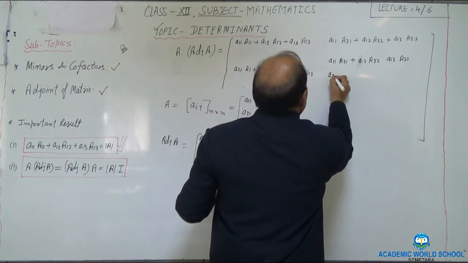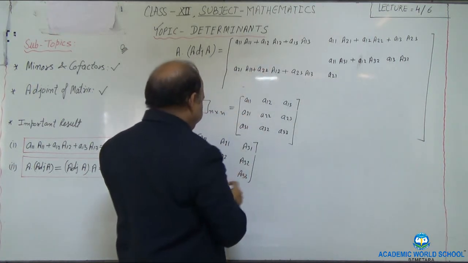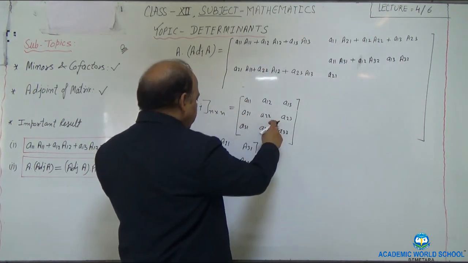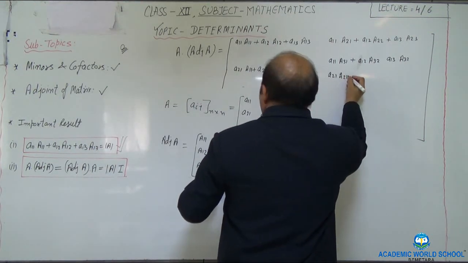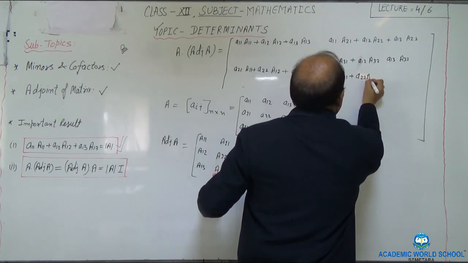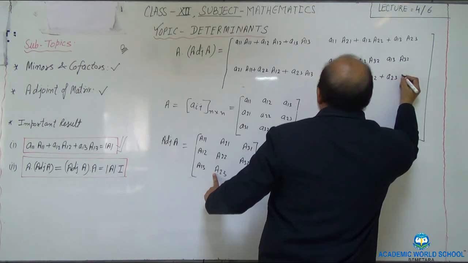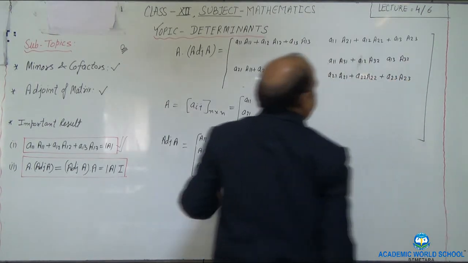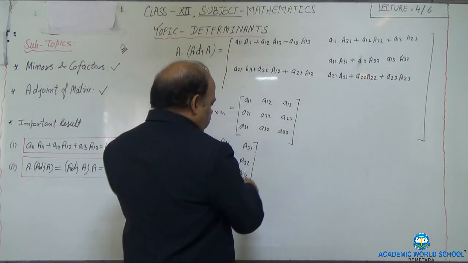This gives you A21 times A21, plus A22 times A22, plus A23 times A23. We have multiplied, and then comes second row, last column.